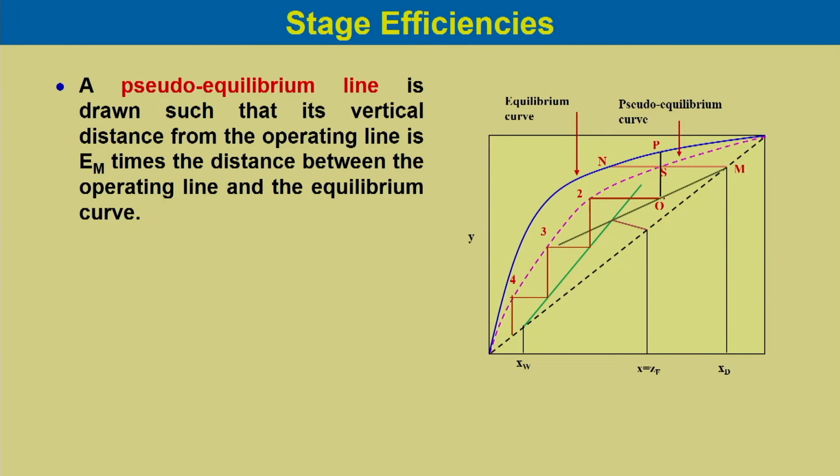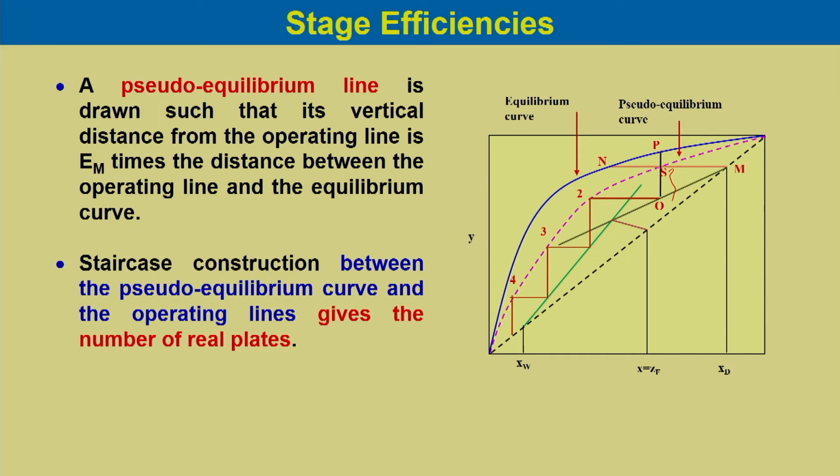Like if you consider point O and point P over here, OS is Em times the total vertical distance between the operating line and the actual equilibrium line, which is the blue line OP. So, staircase construction between the operating line and the pseudo equilibrium line, which is the pink line shown here, will give you the actual or real number of trays or plates required for the particular separation.